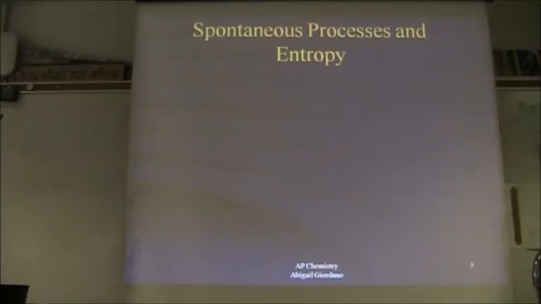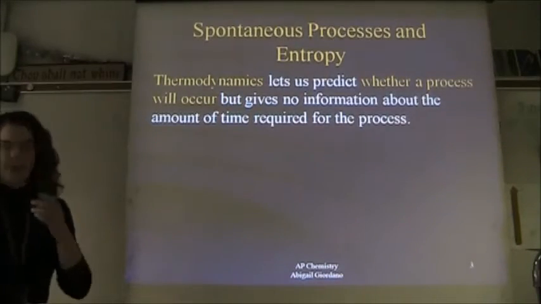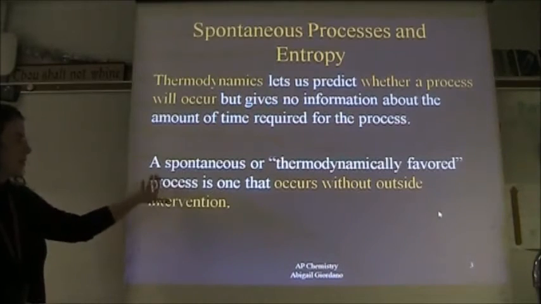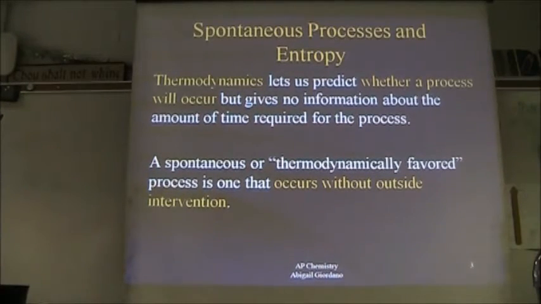Now, what do I mean by spontaneous? Okay. When I say spontaneous, I mean, will this reaction occur without any outside intervention, without any help in any way? Will it occur on its own?